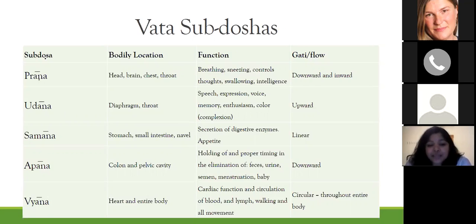Prana represents not only the exchange of air. Basically, it is breathing. It's responsible for breathing and for exchange of energy. But remember, prana here has two terms or two meanings.